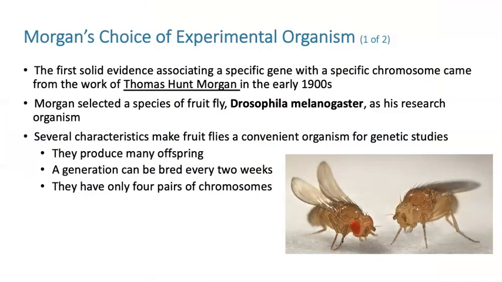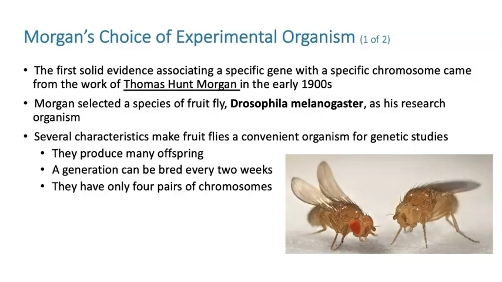So Thomas Hunt Morgan did an experiment in the early 1900s. That's the 20th century, the last century, and he was looking at fruit flies. He picked fruit flies for very similar reasons that Mendel picked pea plants, because they produce lots of offspring and can breed fairly quickly.